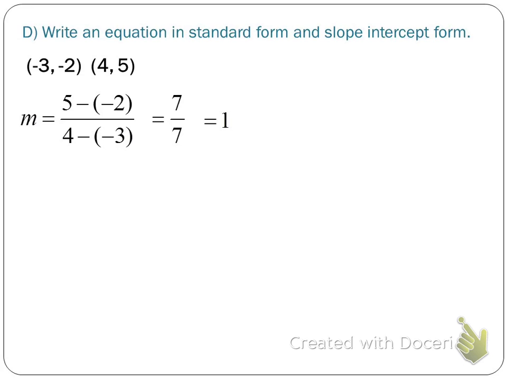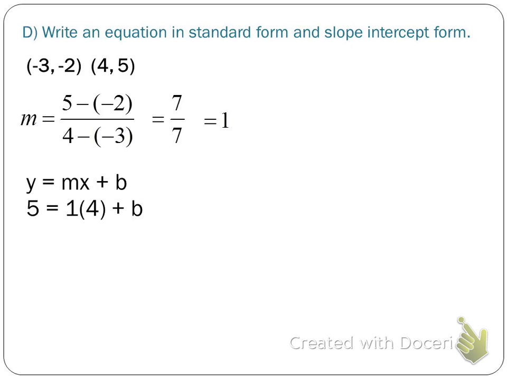Then what? Plug it in for y equals mx plus b. You can pick which ordered pair to use. Anytime one of the ordered pairs has 2 negatives and the other one has 2 positives, I always pick the positives. I think you lend yourself to errors more when you have negative signs. So it's just easier to use positives.